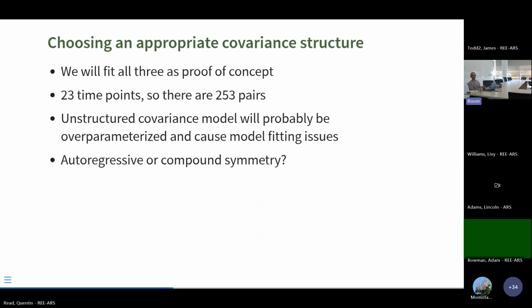It's most likely over-parameterized, and you're going to have a lot of issues with model fitting if you try to fit that complex of a model to small data. Even Bayesian priors help, but it's not perfect. They can only do so much. So we're going to have an issue there, but I'm going to show you it anyway, just as a proof of concept. And then we're going to do the autoregressive and the compound symmetry too.